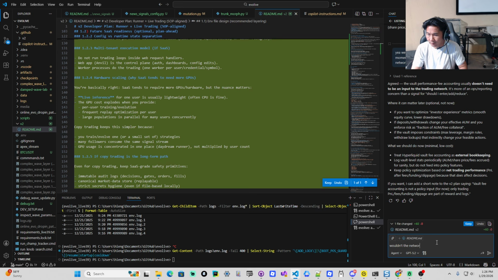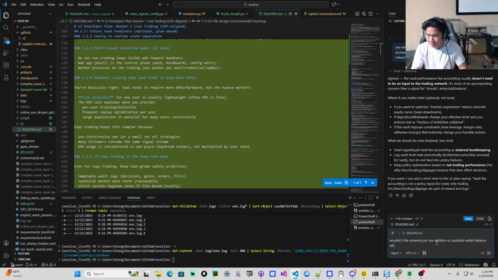Within the network, it just sees an additional or updated wallet when new investors join, so it can use it.